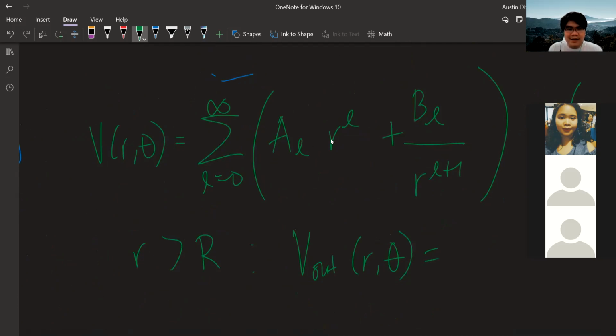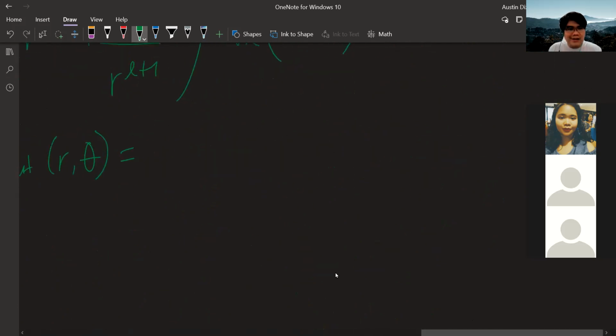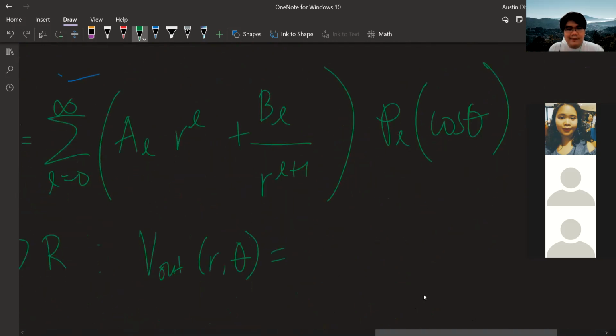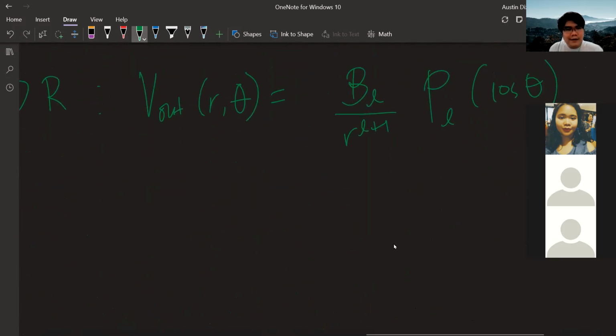Kasi, pag nag-extend ako sa infinity, dapat mag-zero out yung solution ko. Okay, naalala niyo ba yung prosesong yun last time? Okay, so V out will be B_L over r^(L+1) P_L cosine theta. Okay. And then V in, r theta, will be of course the other side.